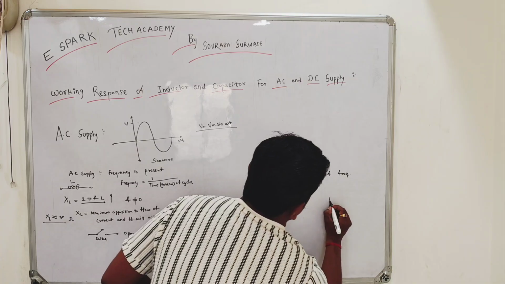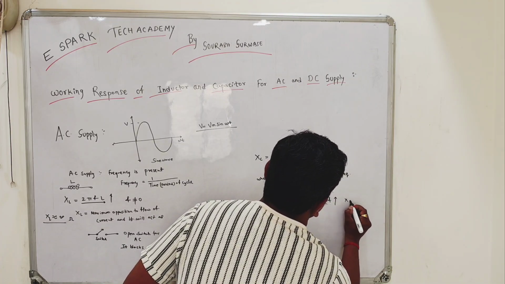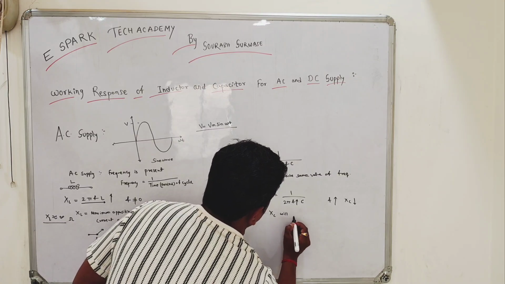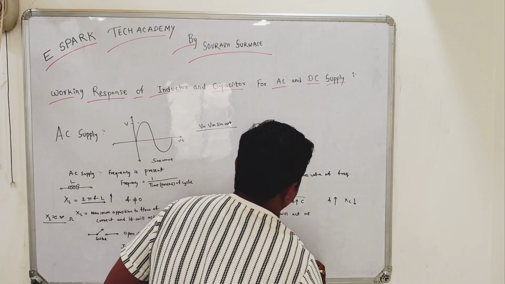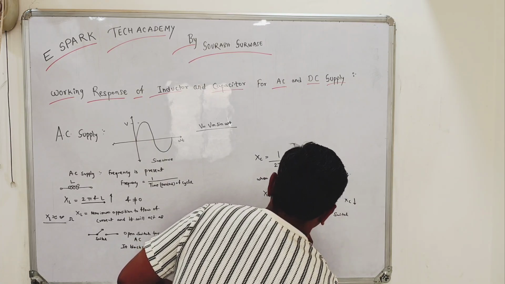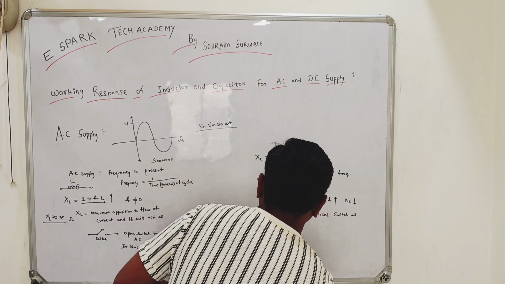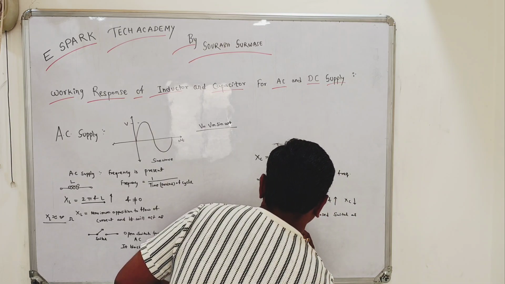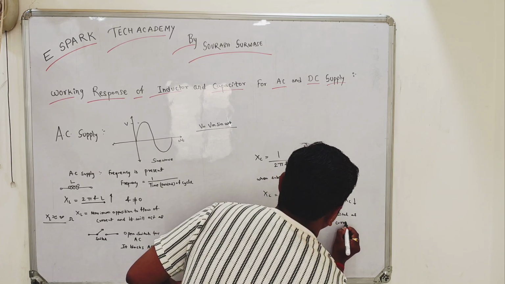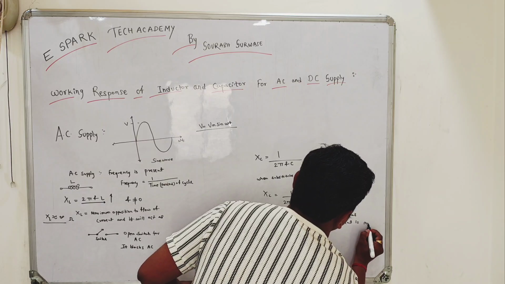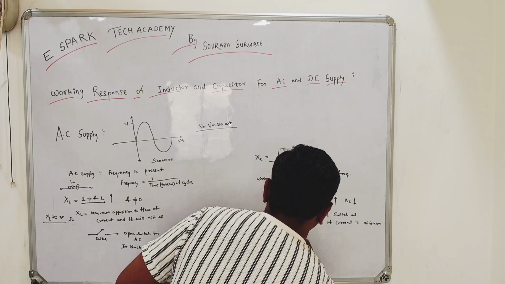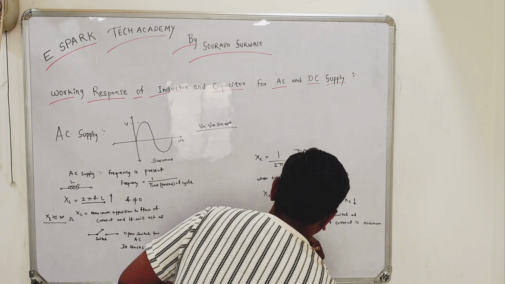That's why when frequency is more, XC will drop, and XC will act as closed switch, as opposition to flow of current is minimum, as per derivation.